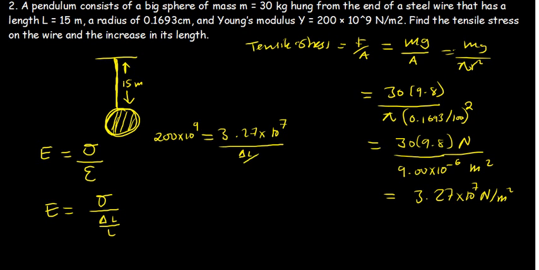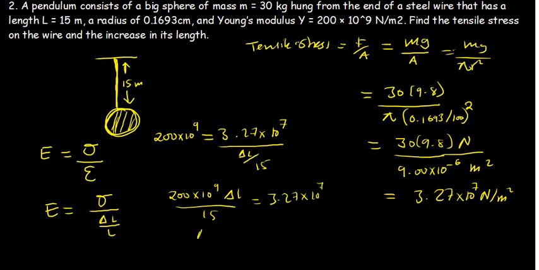Well, this wire was 15 meters before, so that will be 15. So I'll multiply this with that. So that is going to give us 200 times 10 to the power 9 change in length over 15, equal to 3.27 times 10 to the power 7.